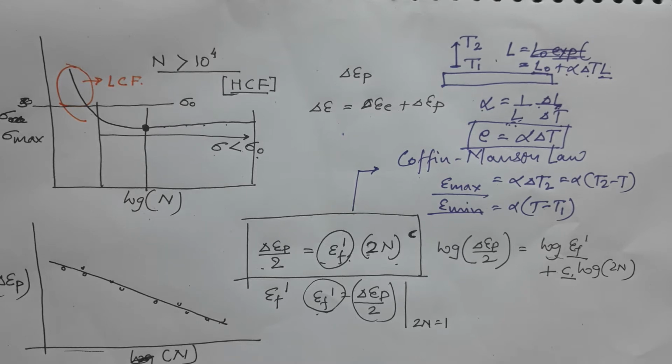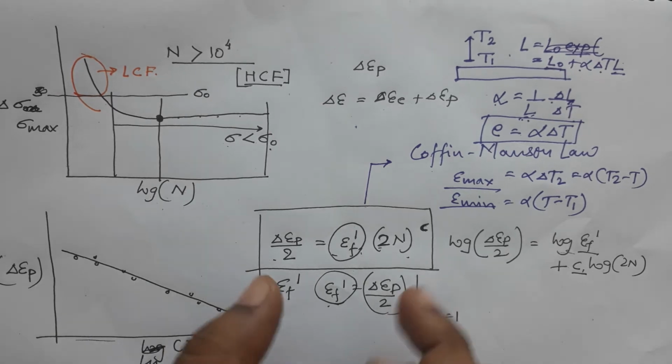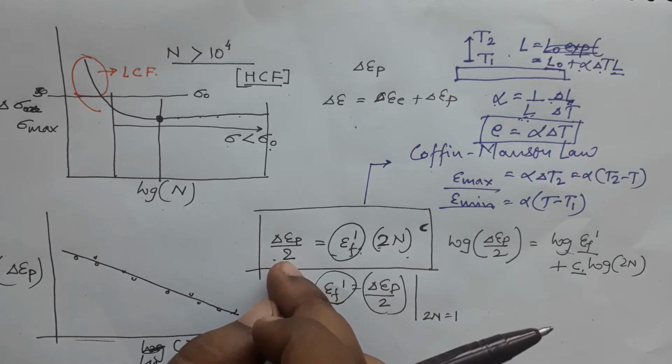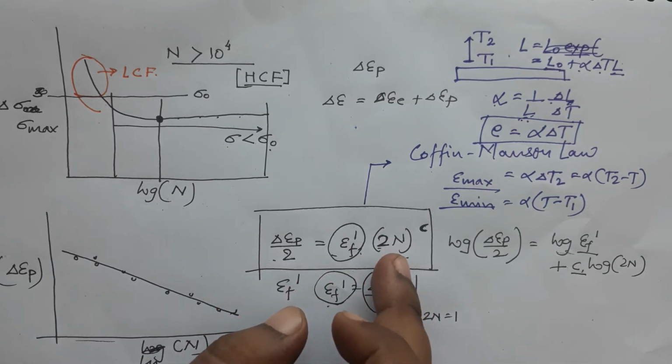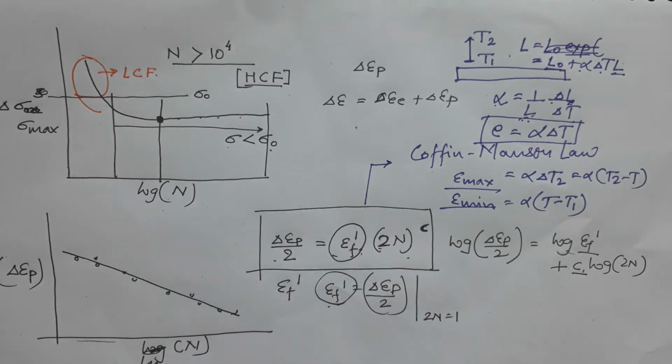So we take the plastic strain, because there will be plastic strain as the stresses are higher than the yield strength, and we plot it against the number of cycles. Then we can arrive at an equation which relates the plastic strain amplitude with the number of reversals, or in other words the number of cycles to failure. This is called Coffin-Manson's law.